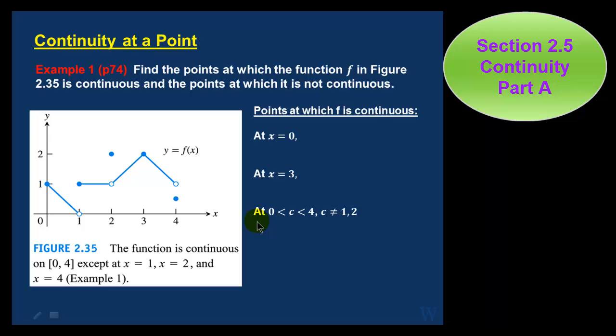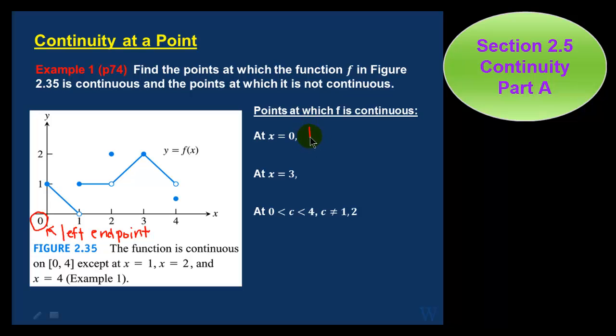Now, how do we know that the function is continuous in terms of limit? Let's examine x equal to 0. Notice that 0 is an endpoint, a left endpoint. And so we will examine the one-sided limit.